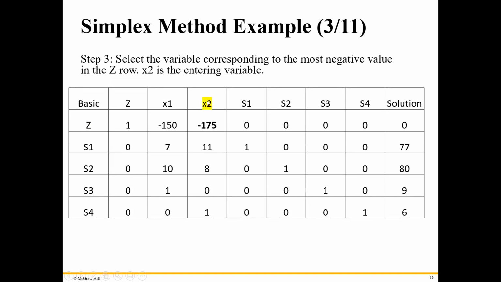We will call this variable the entering variable. The entering variable is the variable in the z row with the most negative value. So this is the first step.